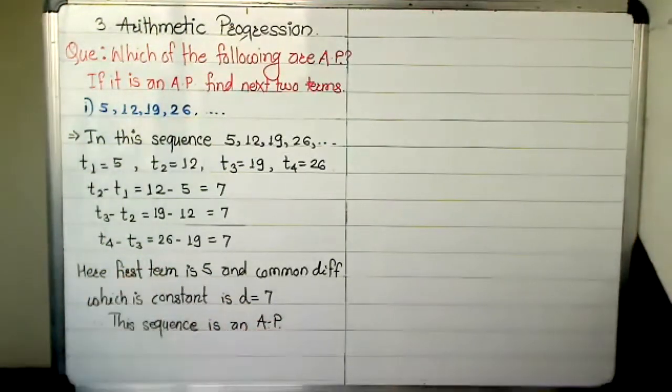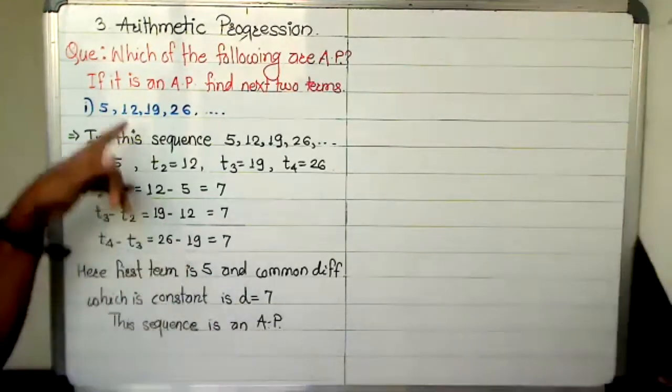Such types of questions will be asked for 1 mark. We just have to decide whether the given sequence is an arithmetic progression or not. This type of question will be asked as an MCQ for the first question, for 1 mark.